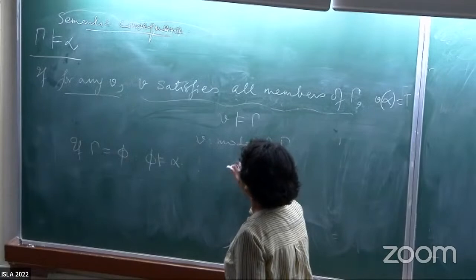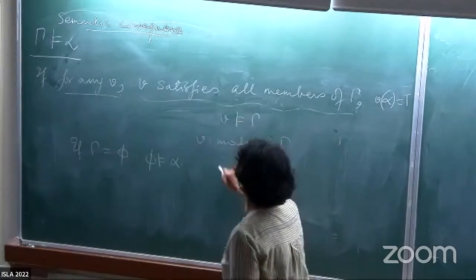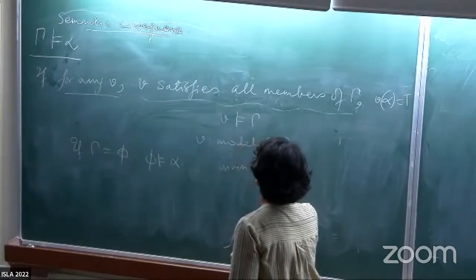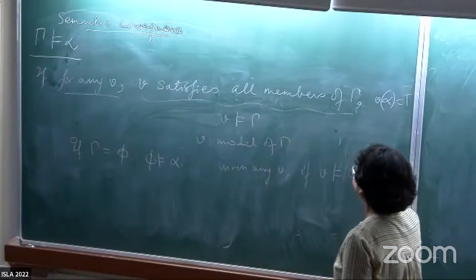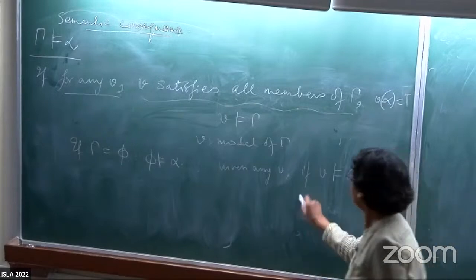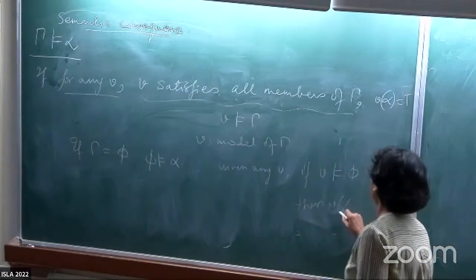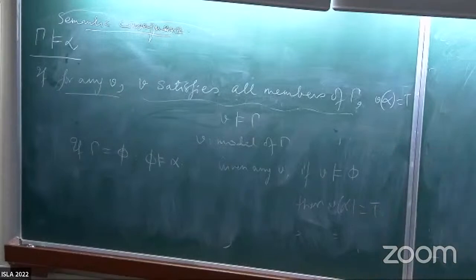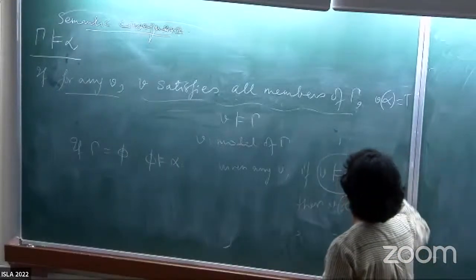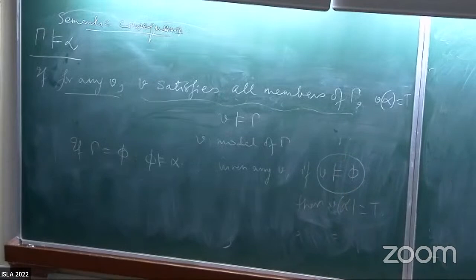It means that given any V, if V satisfies the empty set, then V of alpha must be true. But look, when does V satisfy the empty set?